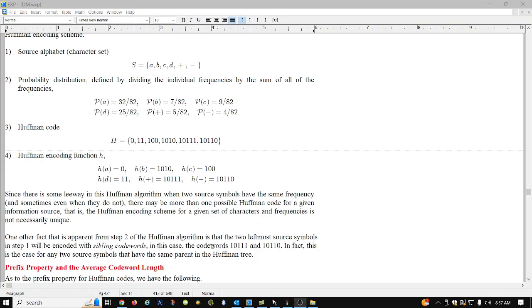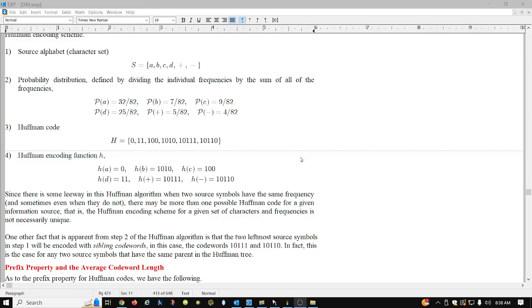A couple of comments about the Huffman algorithm and the Huffman encoding scheme. As I mentioned, there is in general some leeway in this algorithm. In particular, when two top-level nodes have the same frequency, you have some leeway in how you order those top-level nodes.